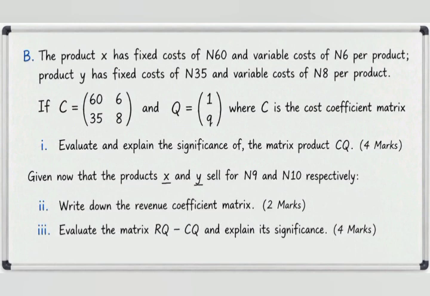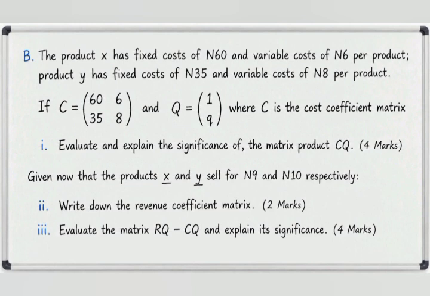The product X has a fixed cost of 60 naira and a variable cost of 6 naira per product. Product Y has a fixed cost of 35 naira and a variable cost of 8 naira per product.